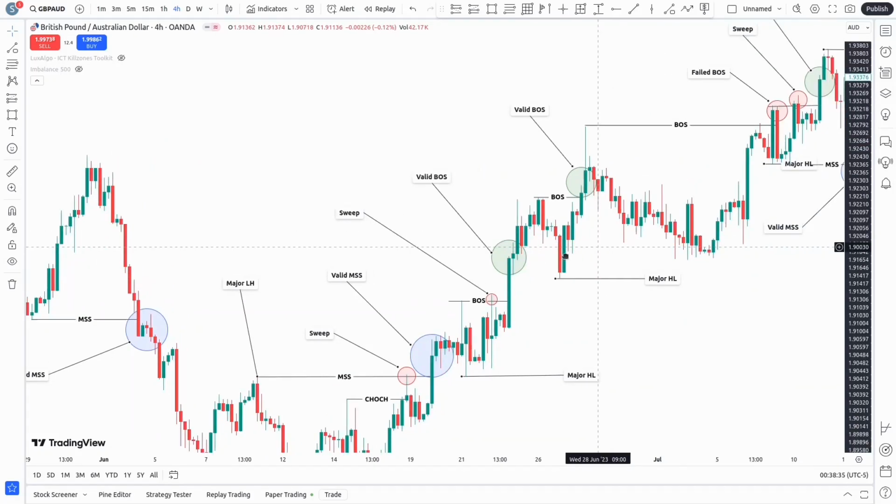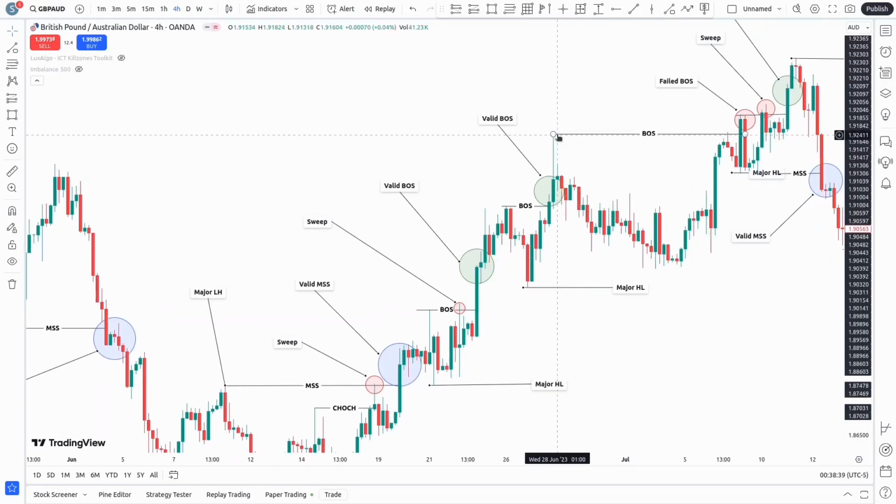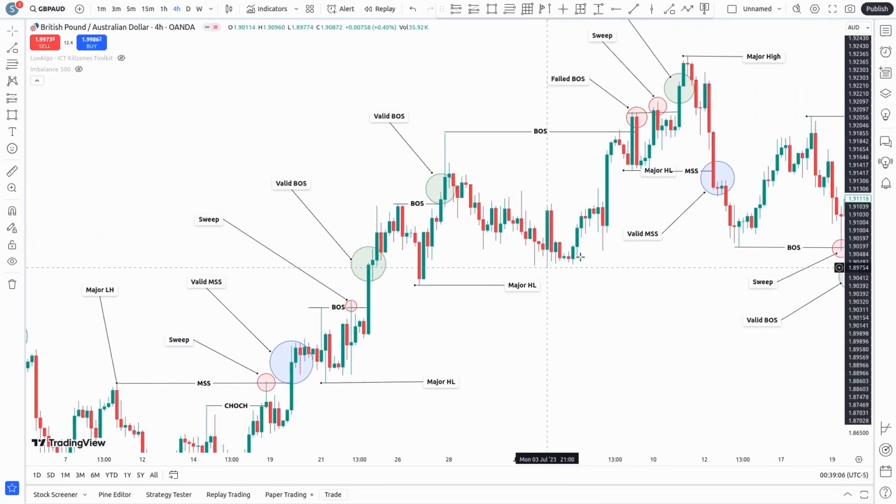Then price breaks it, then forms another high here. This becomes our new major high. Then price has to pull back into this area, pulls back. Then from here, price still moves to break this level.